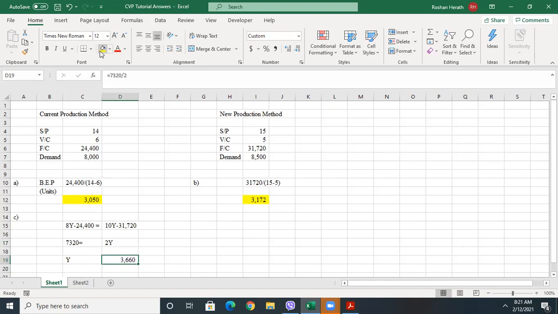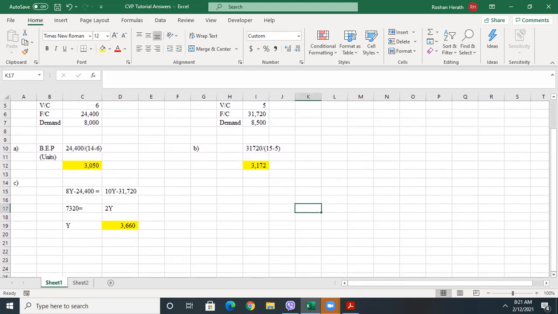Yes, the ones who have attempted that, you have done it nicely. Good. At 3,660 units, you may find that the profits are going to be equal under both production methods, the old one as well as the new one. If you compare the profit, it's going to be equal.